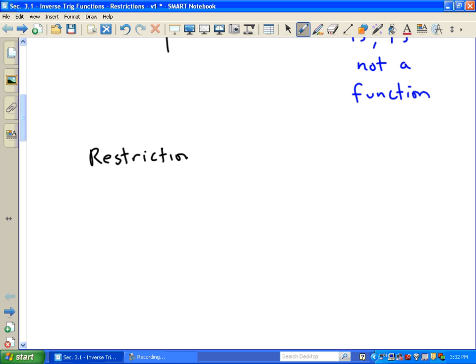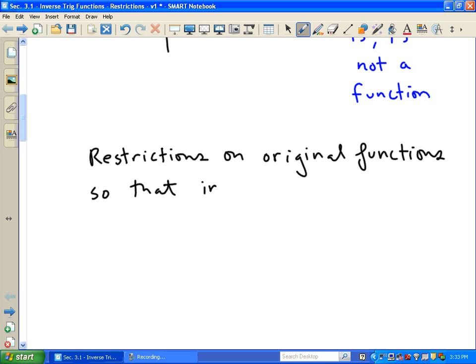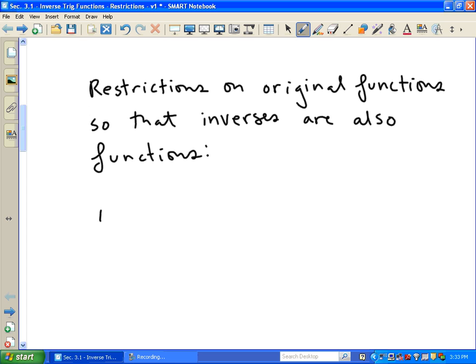I'm going to label this restrictions on original functions so that inverses are also functions. And I'll just do these one at a time. Number one, think about restriction for sine function.